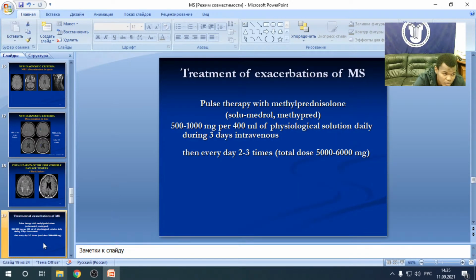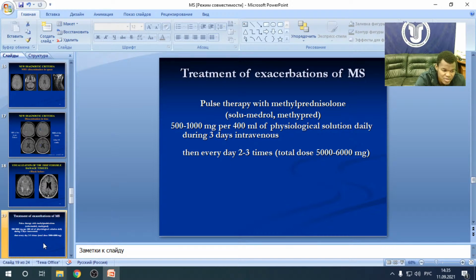Treatment. What do we do? Hormones, right? So treatment of exacerbations of MS: pulse therapy with methylprednisolone, right? 500 to 1000 milligrams intravenously, right, during 3 days.